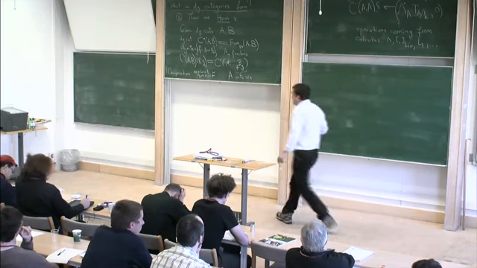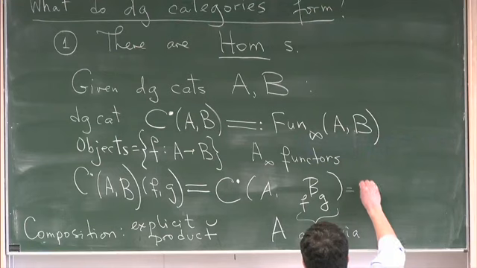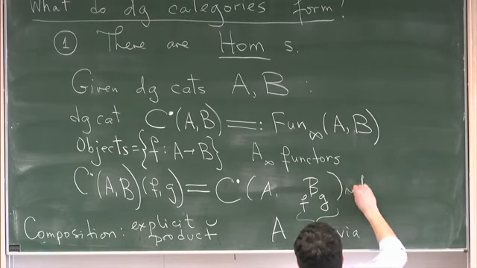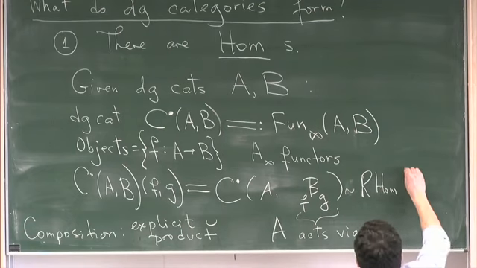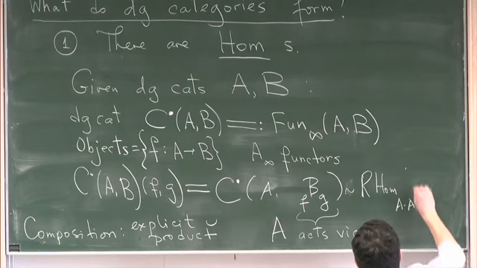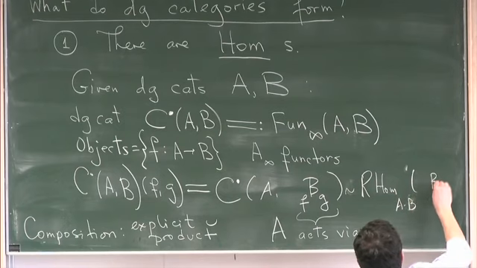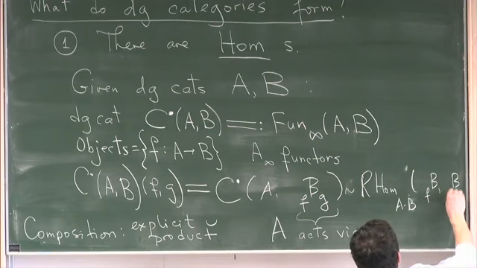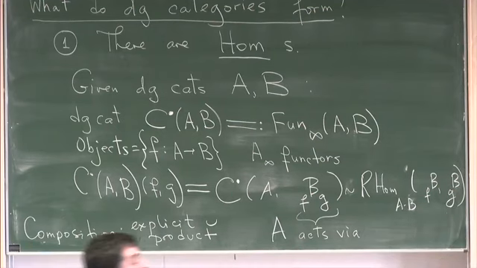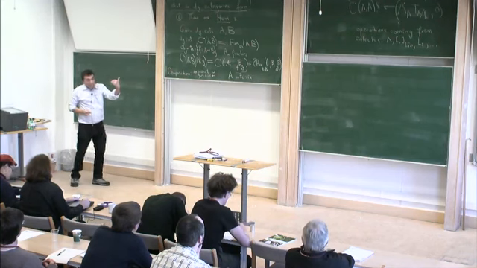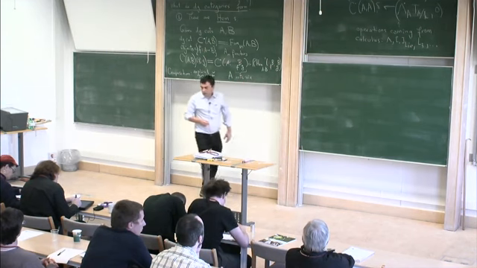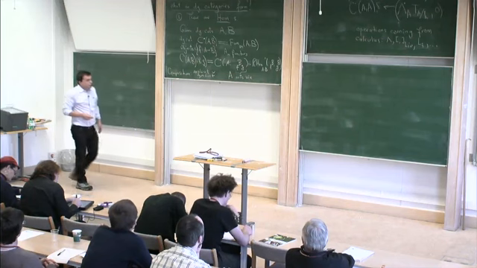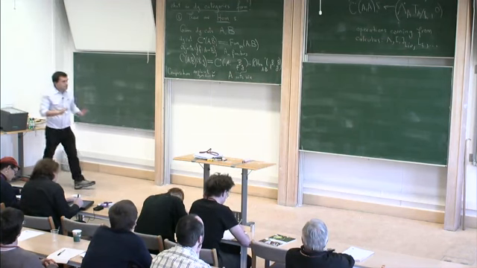So maybe it will become easier if I write, it computes, I am not saying that it's equal to, it computes R Hom in A-B bimodules of B, on which B acts on the right and A acts on the left by F or by G accordingly. Then it would be just Yoneda product, but it's given by an explicit, very simple formula.